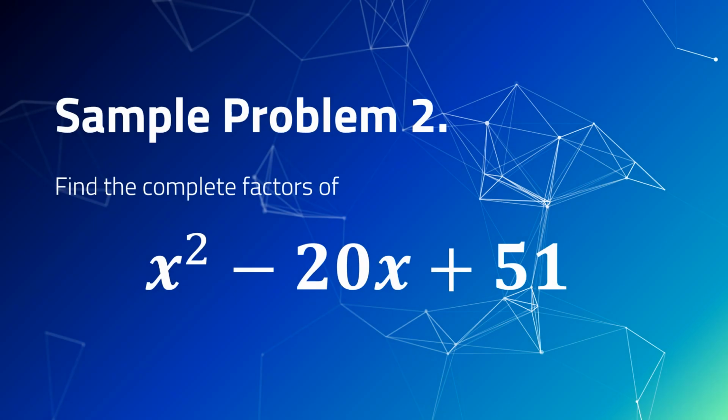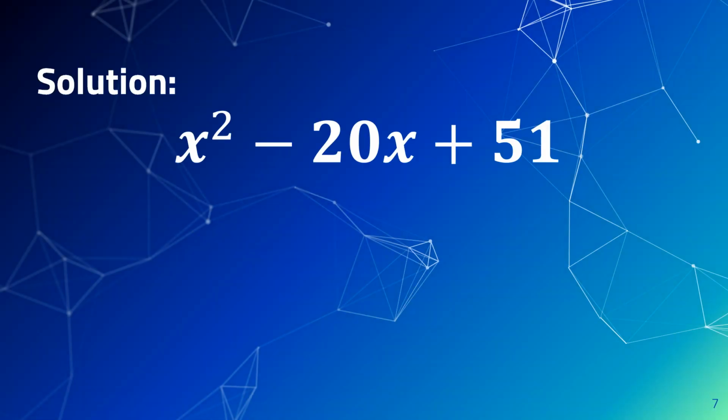Next, find the complete factors of x squared minus 20x plus 51. This problem is similar to finding two integers that, if multiplied together, will give 51, and if added together will give you a sum of negative 20.